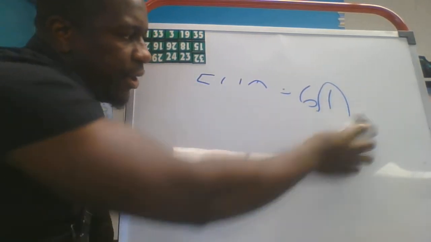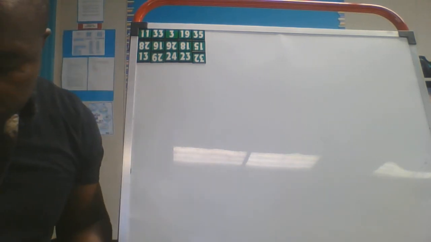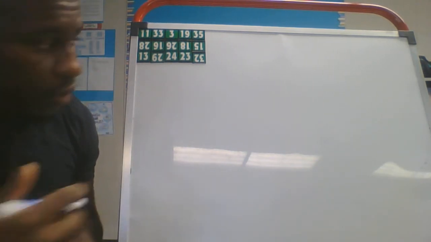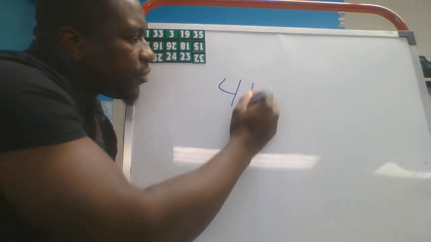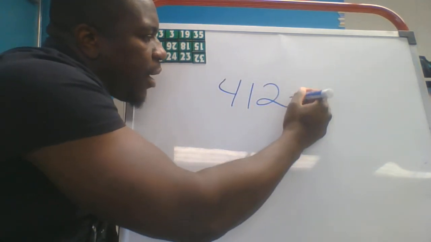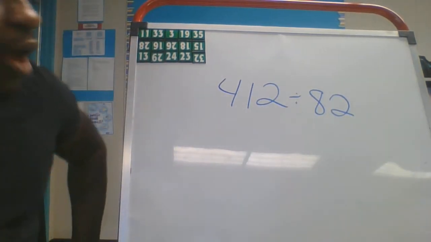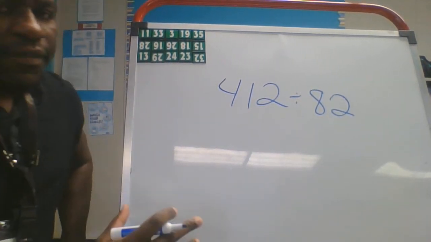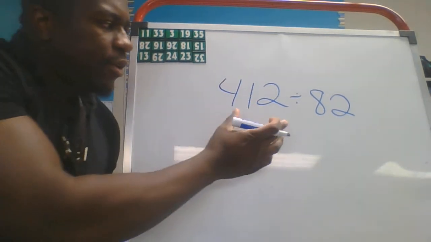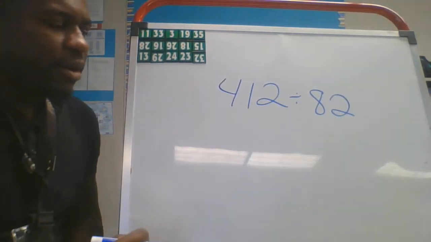Let's use a different set of numbers. Let's try 412 divided by 82. Again, our knowledge of our math facts really comes into play here. How can we find a way to relate these numbers?